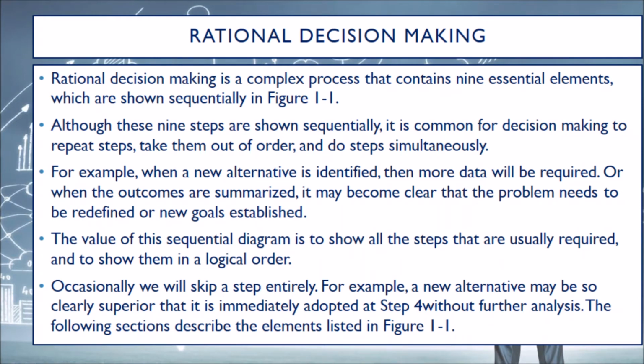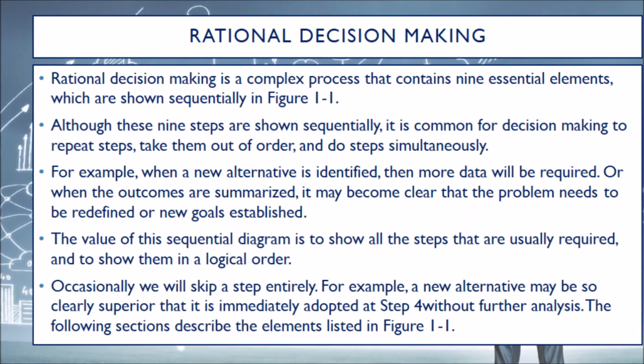Rational decision making is a complex process that contains 9 essential elements, which are shown sequentially in figure 1-1. Although these 9 steps are shown sequentially, it is common for the decision making to repeat steps, take them out of order, and do steps simultaneously.